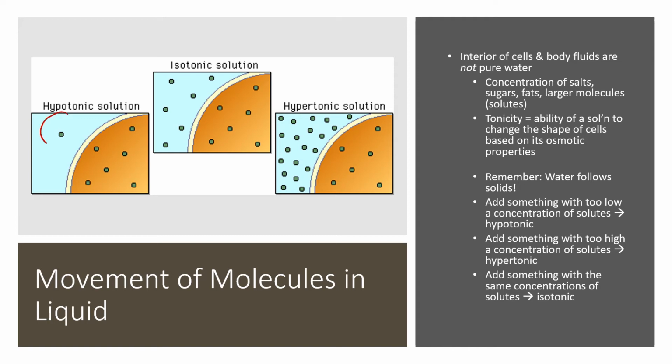If you have less stuff outside of a cell than inside, it's referred to as hypotonic. Hypo is less or low. So the solution outside the cell has less stuff, less concentration, less osmotic pressure than the inside.